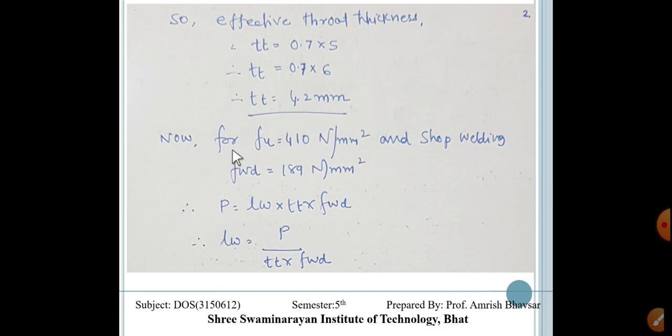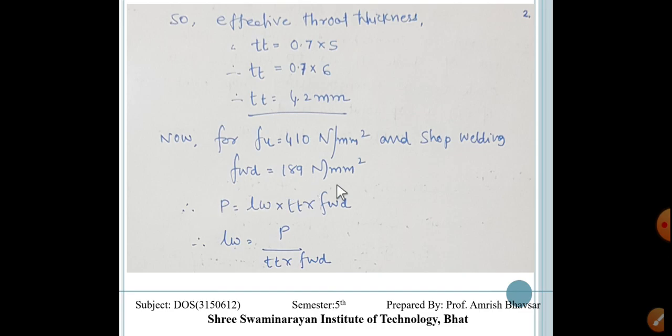Now here we have the grade of plate, that is Fe410. That's why the ultimate strength of this plate is 410 Newton per mm square, and they have indicated that shop welding is done here. So from these two we get fwd as 189 Newton per mm square.